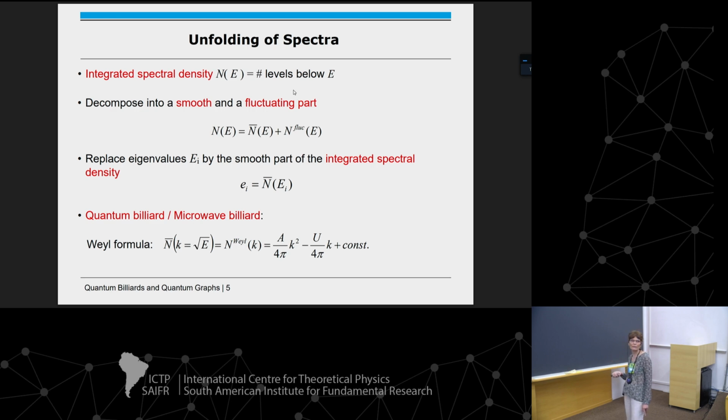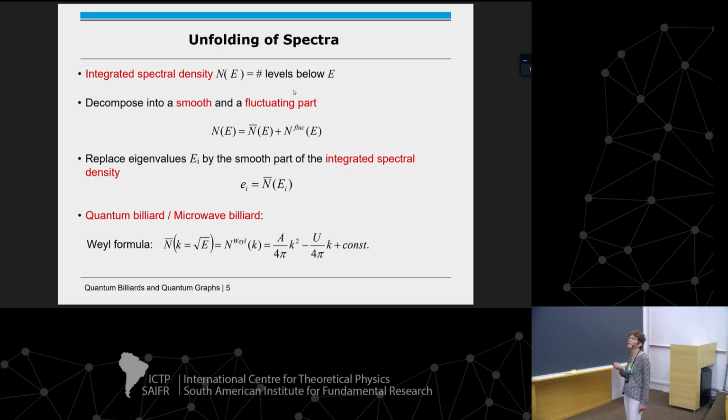You can either use this formula to unfold, or, as one usually does, fit a second-order polynomial to the experimental or numerical data. If the fit doesn't yield these coefficients, then you know that you didn't get all eigenvalues. Or sometimes you find too many eigenvalues, because you misinterpret some, if you have numerical errors, or in an experiment it's sometimes difficult to say whether a resonance is a resonance or just an artifact.